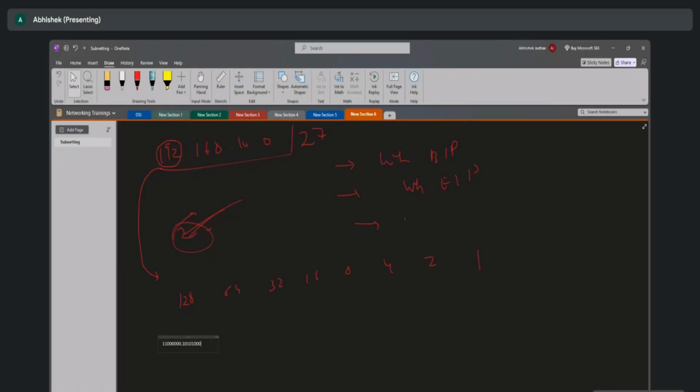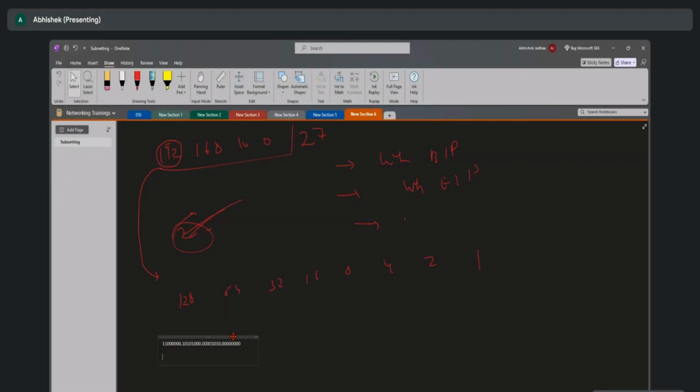What is the binary for 10? 0 0 0 0 1 0 1 0. And the last octet is all 0s. So you write it down like this when you are doing a calculation.